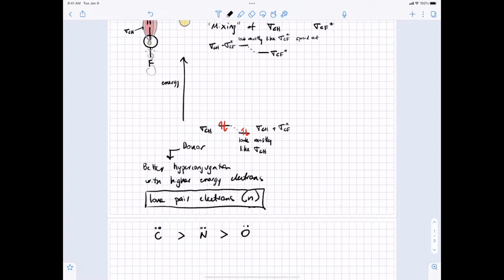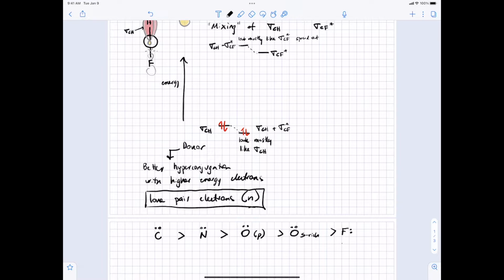And of course, we've talked about how sometimes you can think of two different types of lone pairs on oxygen. There's a P-rich lone pair, which would be higher in energy than, say, an S-rich lone pair on oxygen, which would be better than a lone pair on fluorine.